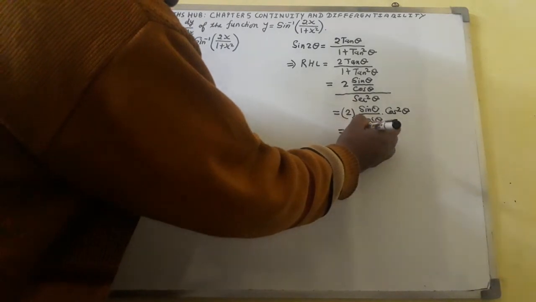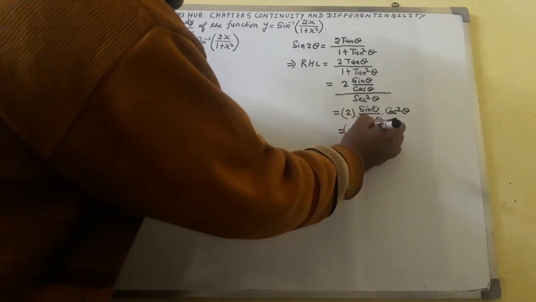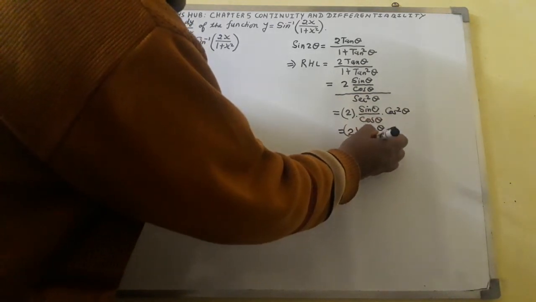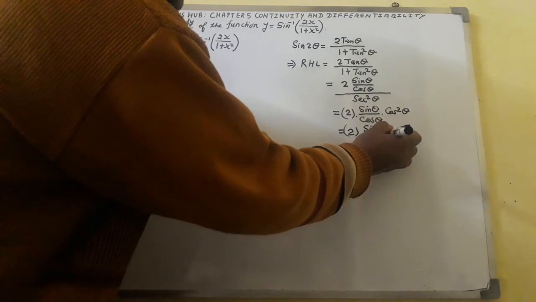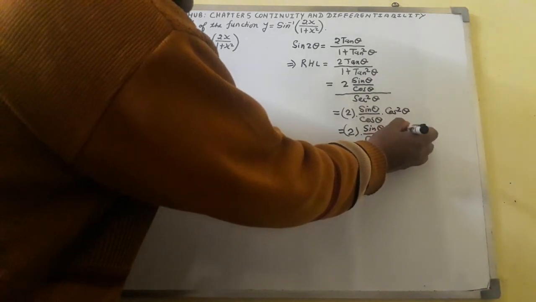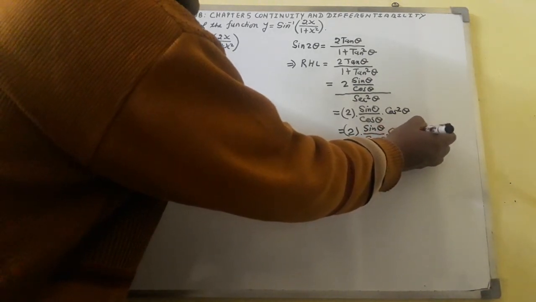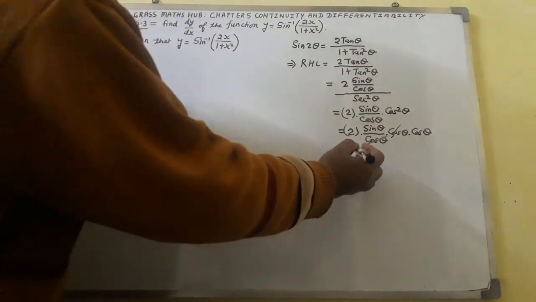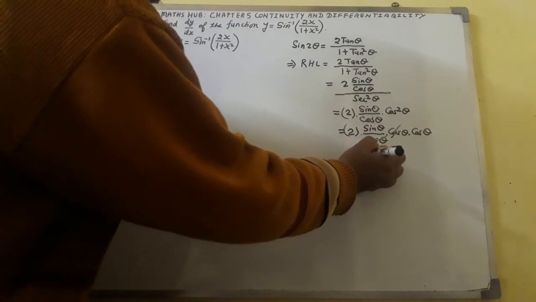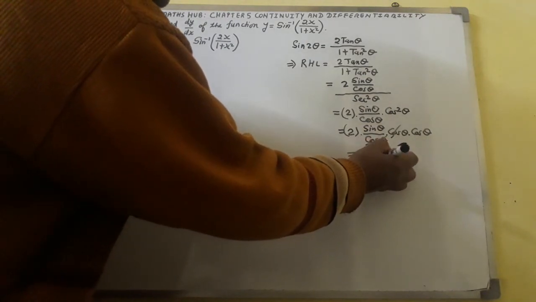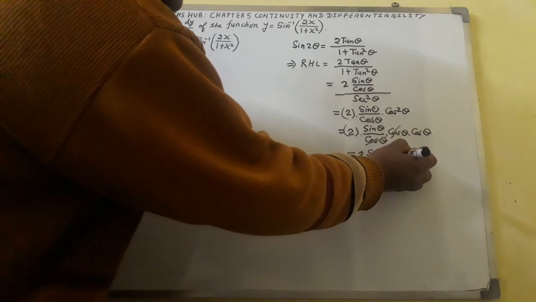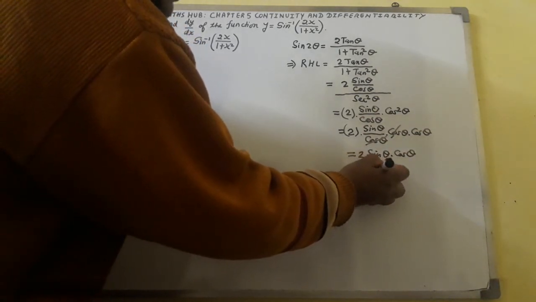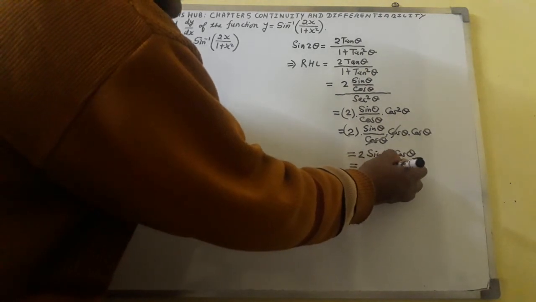Here you will get 2 dot sin theta over cos theta dot cos theta dot cos theta. This cos theta will be cancelled out. We'll get here 2 sin theta dot cos theta comes out to be sin 2 theta.